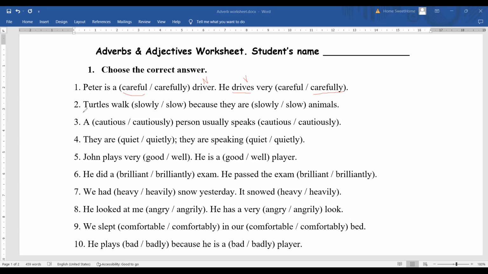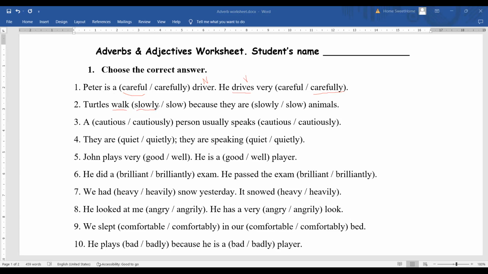Now, number 2, turtles walk slowly or slow because they are slowly or slow animals. Think. Yes, turtles walk. So we describe the verb walk. This is a verb. That's why we need turtles walk how.